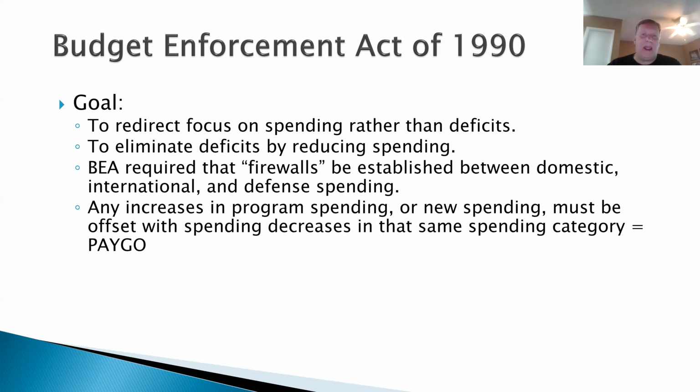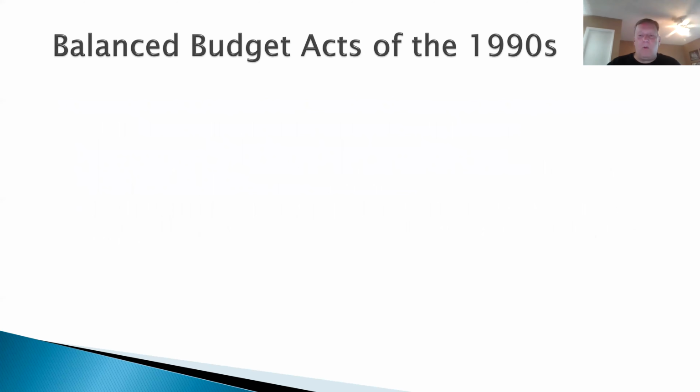Now, the Budget Enforcement Act had some element of success in that we still see those 3 general categories of spending. We're still talking about PAYGO and the usefulness of PAYGO in our current budget cycle. But I think what happened is the Budget Enforcement Act, by focusing on spending cuts, really reoriented our way of understanding federal budgets and how we can eliminate deficits.